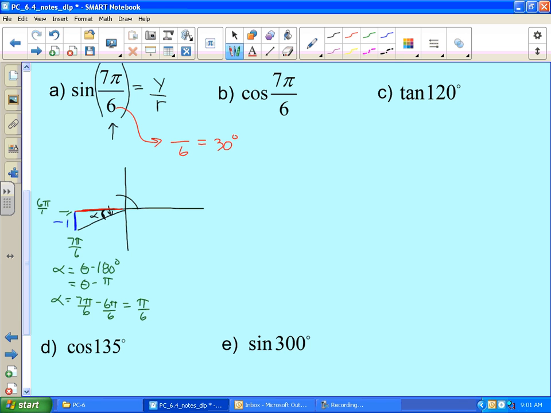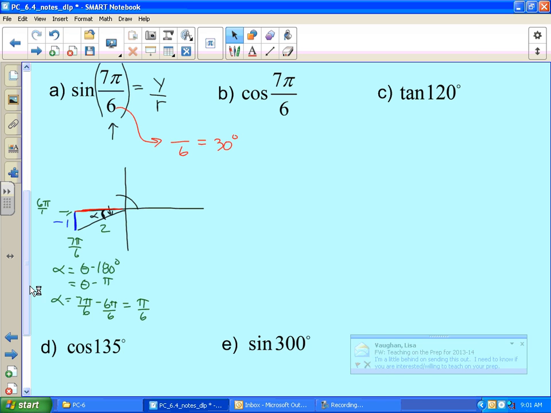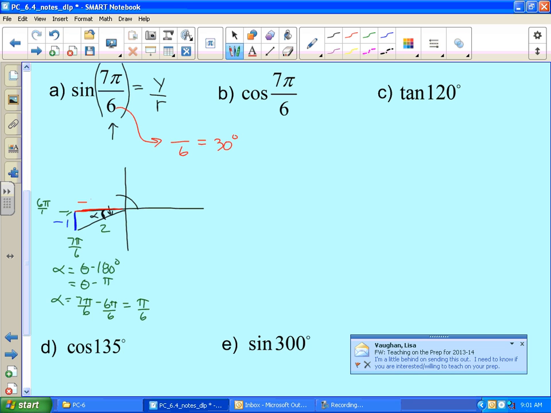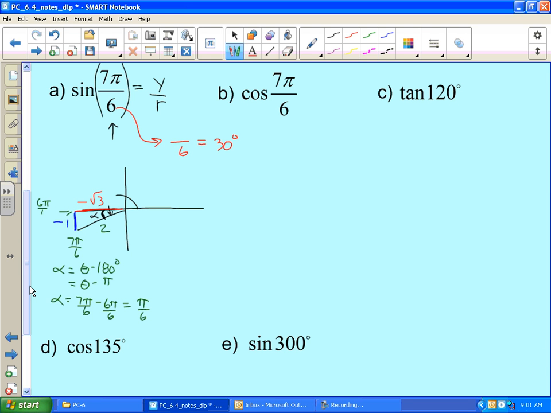And our radius for a 30, 60, 90 triangle would be this 2 value. And even though we don't need it, we'd have the x part of the triangle for the 30, 60, 90 right there. It was square root of 3, but it's negative because we're going to the left.